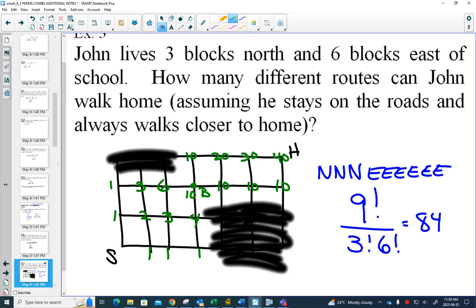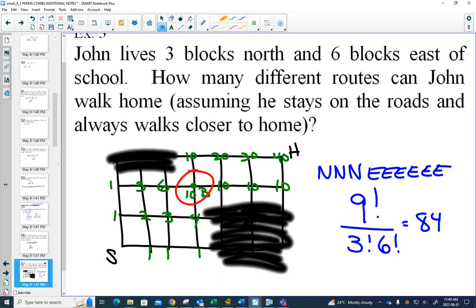Now we could add a situation here where you could use the not strategy. Something happens, and John is no longer allowed to walk past Betty's house. So we could use the not strategy. How many ways could he get home if he is not allowed to go past Betty's house at that intersection?